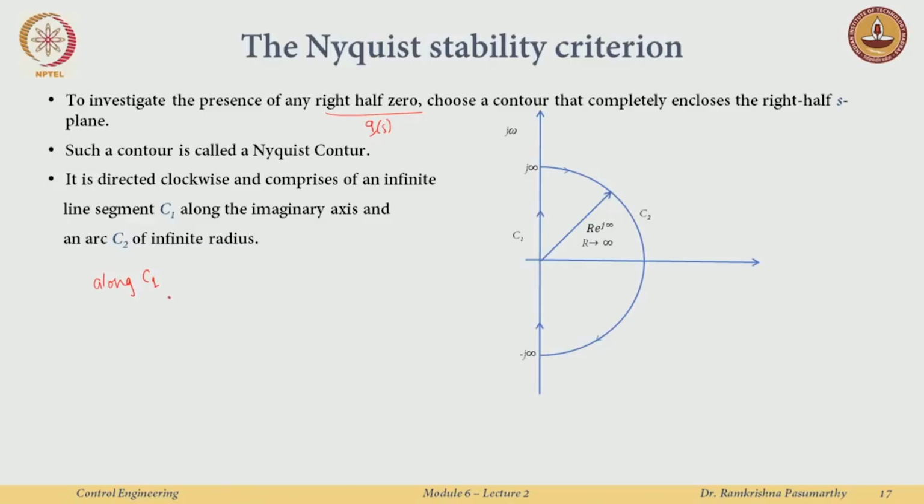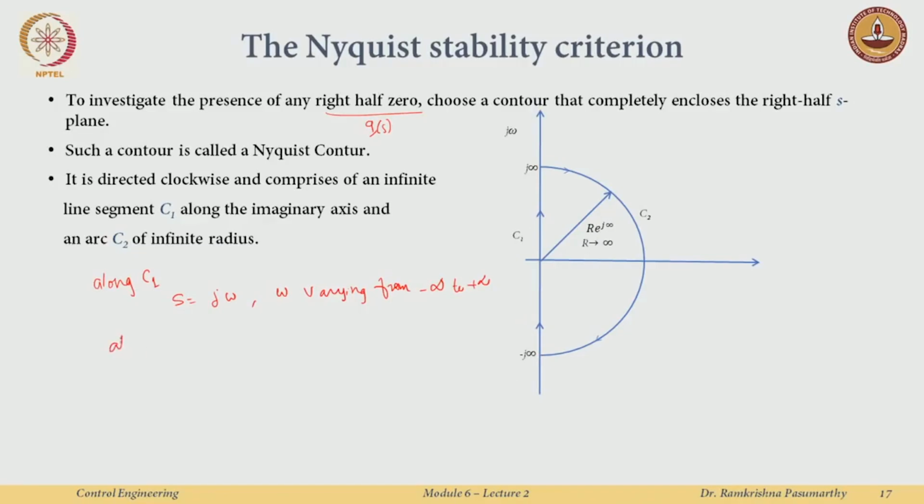Along C1, S is just j omega, with omega varying from minus infinity to plus infinity, the entire imaginary axis.